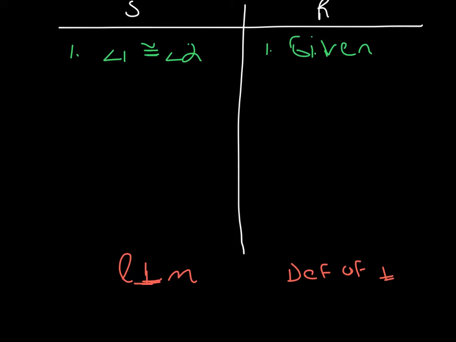in order to use my definition of perpendicular lines, I would need to know that angle 1 is a right angle and angle 2 is a right angle. But really, as long as I knew that one of them was a right angle. So I'm going to say I would really like it if I had this.